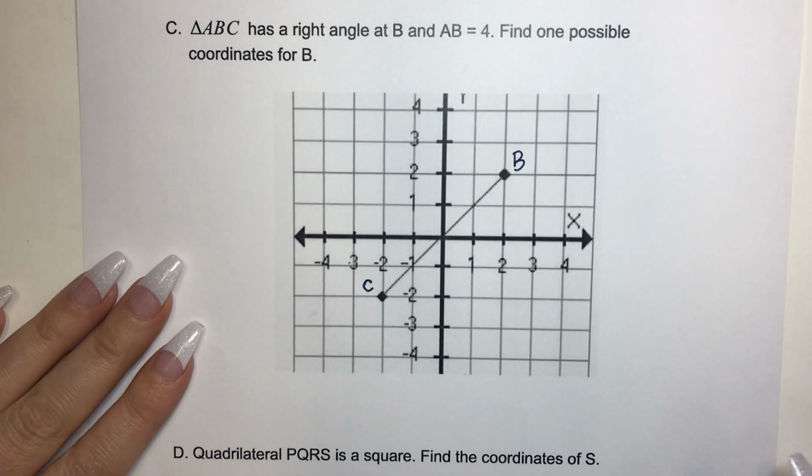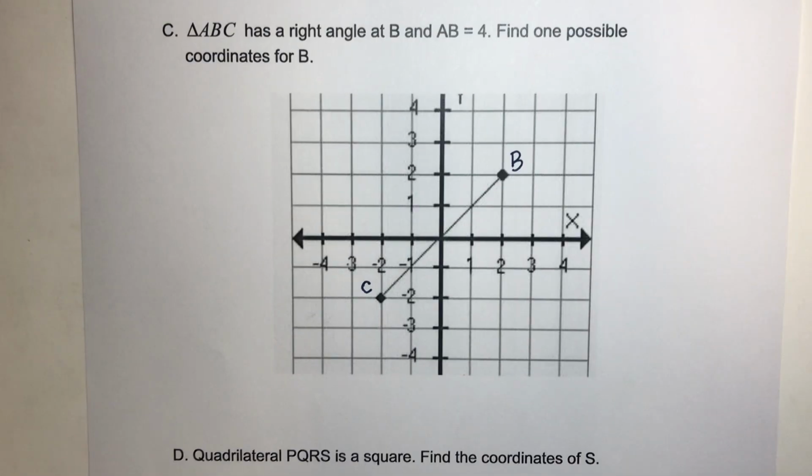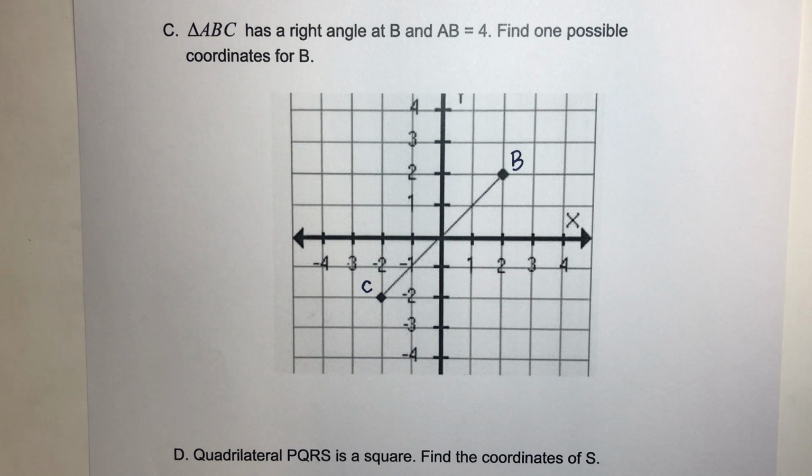Okay, let's see how you did. So this says it has a right angle at B. You know what? I think I messed up. Did I mess up? Maybe I didn't. How am I going to make that a right angle? I think I messed up on the letters. AB, a right angle at B. Oh, wait.